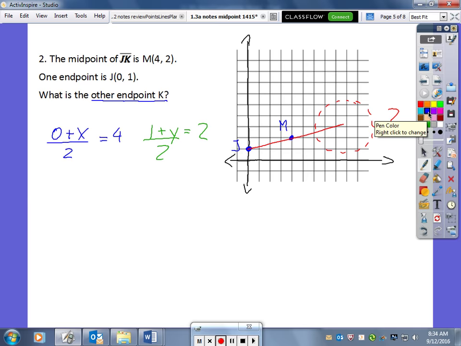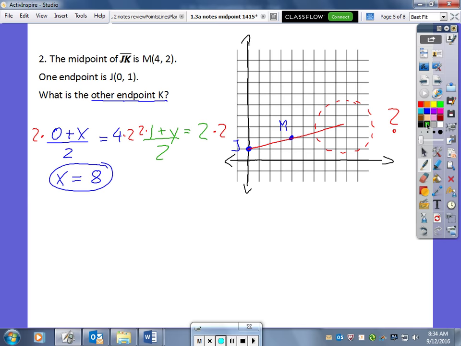All right, let's go ahead and solve this. We don't like our fraction with the 2 in the denominator, so we're going to multiply both sides by 2, and we get 0 plus x, in other words, x is equal to 8. Do the same thing to our equation on the right.